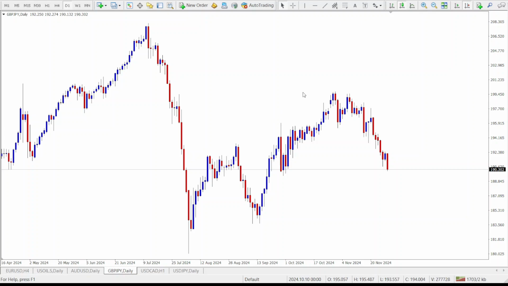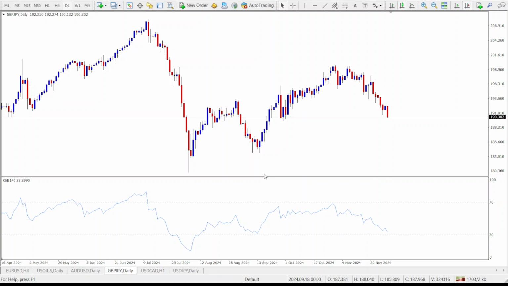Now, before we jump into the crossover strategy itself, let's first make sure we understand what the RSI, or the relative strength index, is. So I'm going to be adding the RSI to the chart right away. Okay. So the RSI is a momentum oscillator that measures the speed and change of price movements. All right. It ranges from 0 to 100 as we can see clearly on the chart, right?